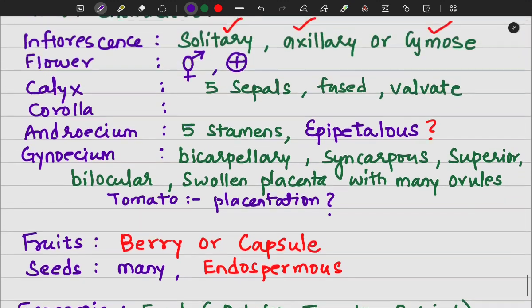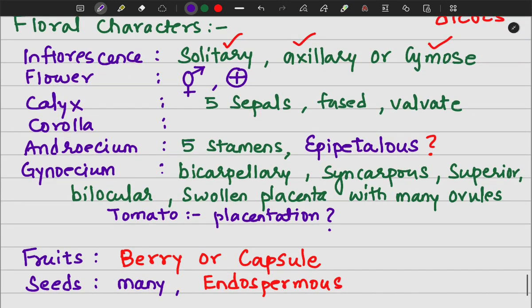So these two types of arrangement can be seen in the inflorescence along with the cymose inflorescence. We studied about the cymose inflorescence, I hope you remember it. The flower is bisexual and shows actinomorphic or radial symmetry.